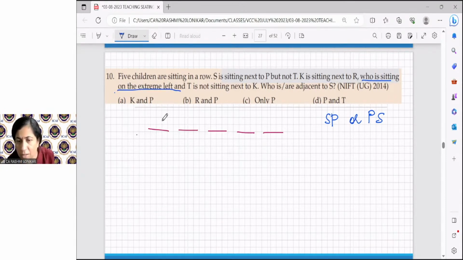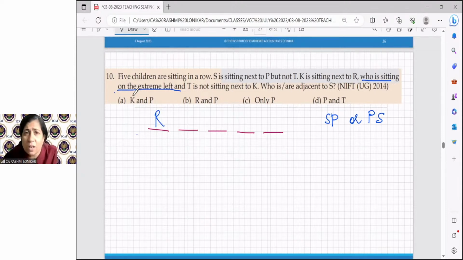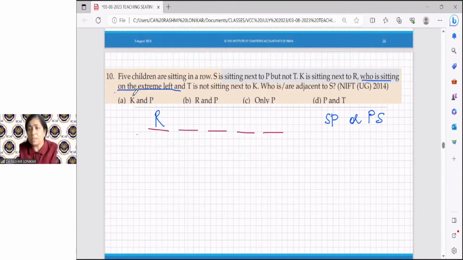R. This is very important. Once you get such kinds of hints, it becomes very easy to solve. R is sitting on the extreme left. K is sitting next to R. Otherwise I would have written KR or RK, but here I already know R is on the extreme left. So here K is going to come.